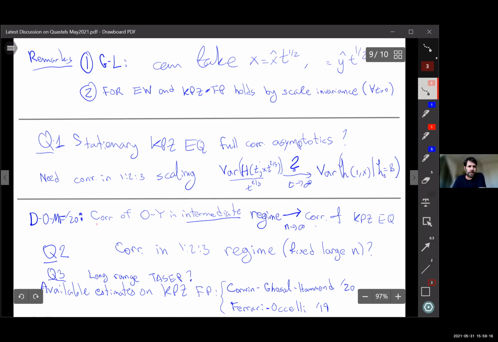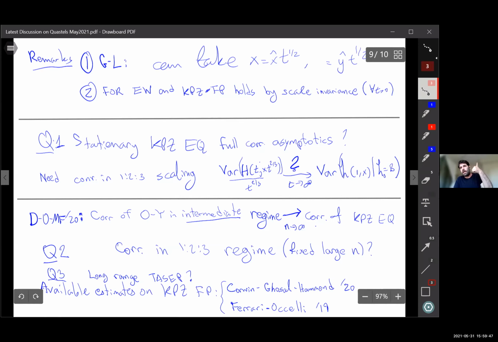Another question that I want to ask, and this is my last slide: we proved with Jean-Dominique and Gregorio that if you take the O'Connell-Lior model in the intermediate regime, then the correlations and actually all moments of the log converge to the ones of the KPZ equation.